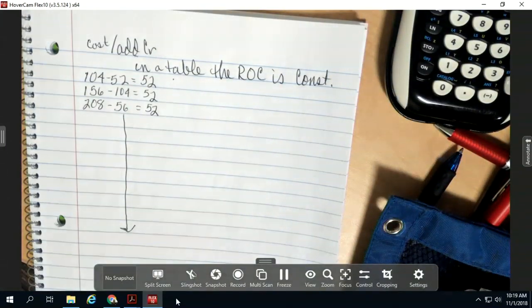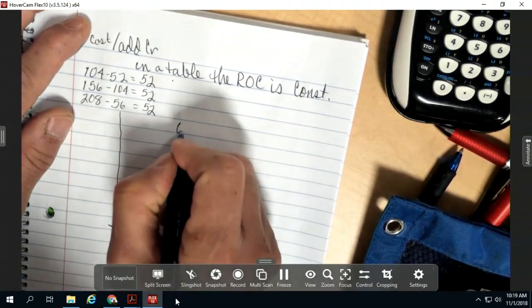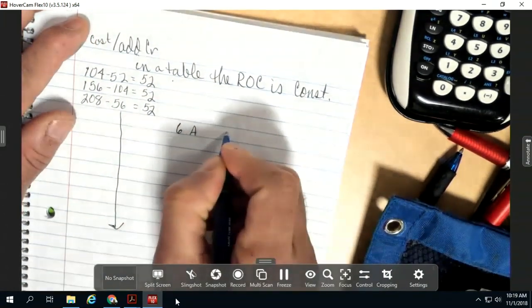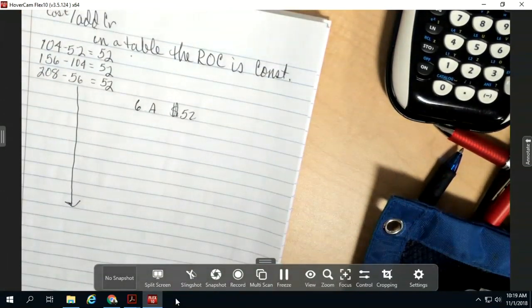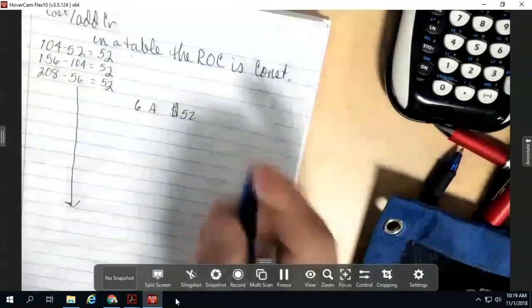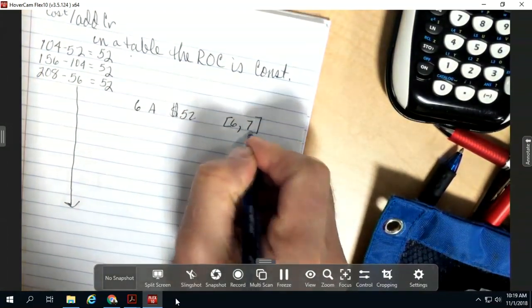So, part A says she signed up for 6, she adds 1. What was the increase in her tuition? $52, right? That's the rate of change between 6 and 7.